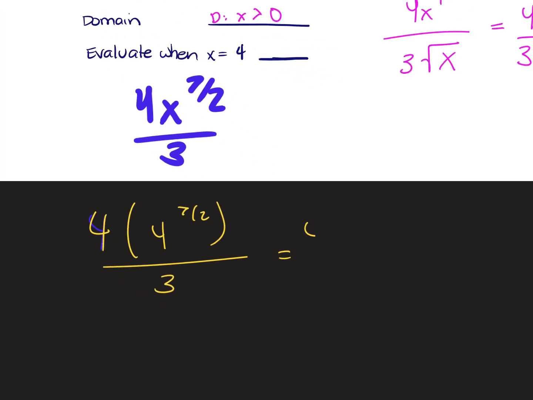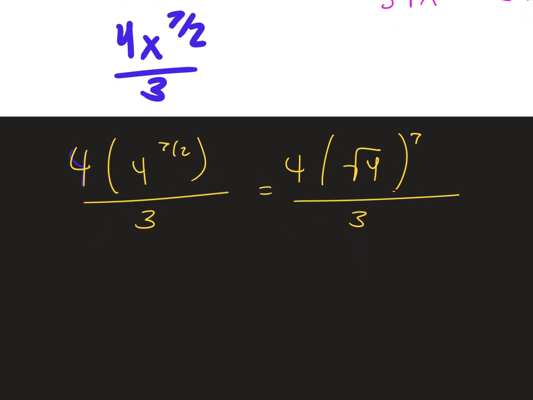That's another way I can write 7/2: the square root of 4 to the 7th power, over 3. What's the square root of 4? So I have 4 times 2 to the 7th over 3.